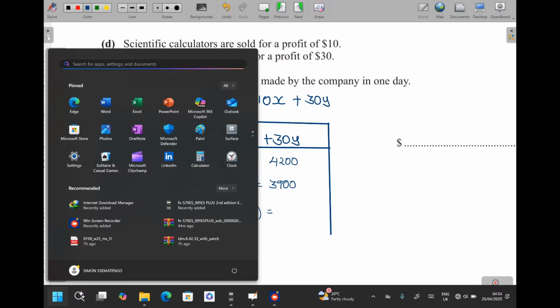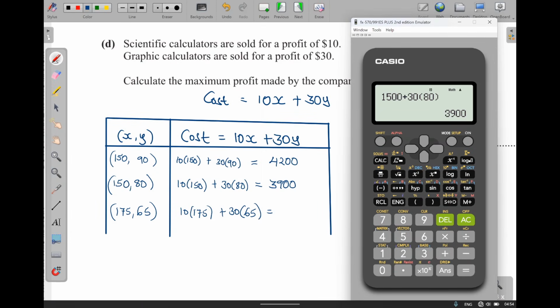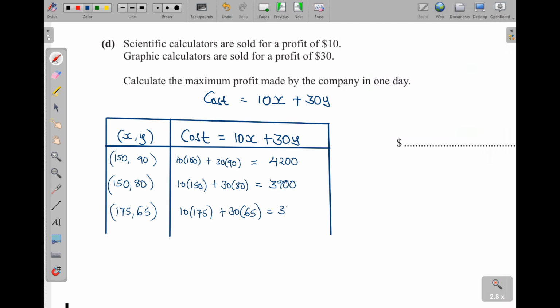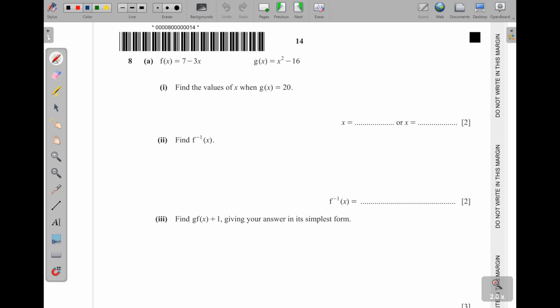Putting this in our calculator, we have 30 times 65, and this other one is 15. And this one is going to be 1750. So that will be 3700. So the maximum of this is 42. So that means we shall put 4200.